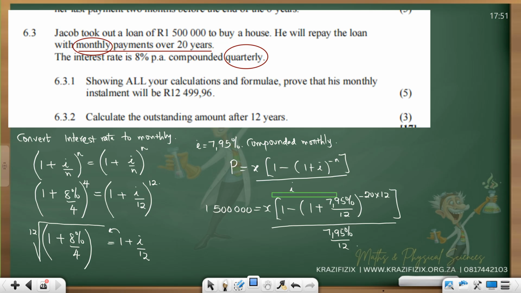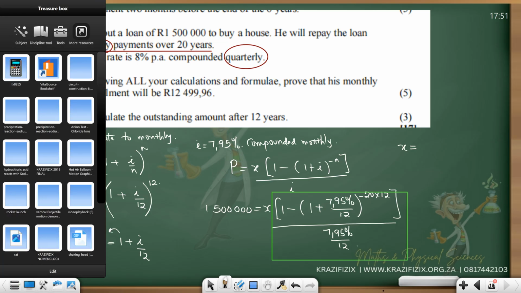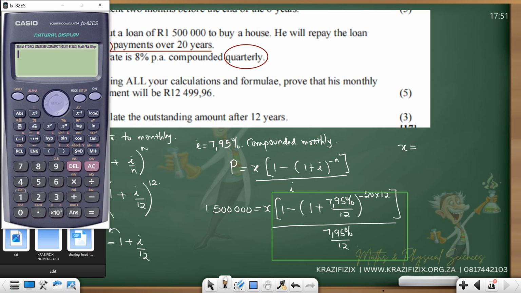And I mentioned in the last lesson, if you are looking for X, don't do too many things. We just divide. Let's get a calculator and plug it in.